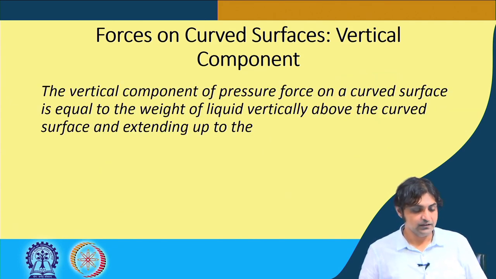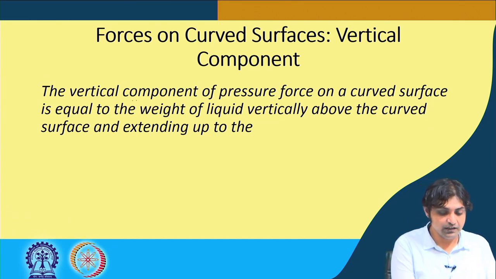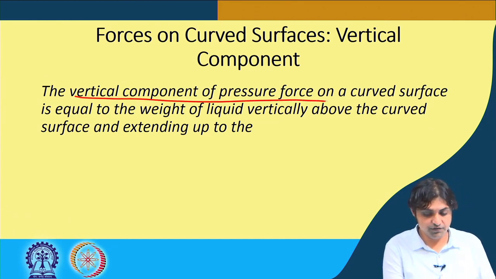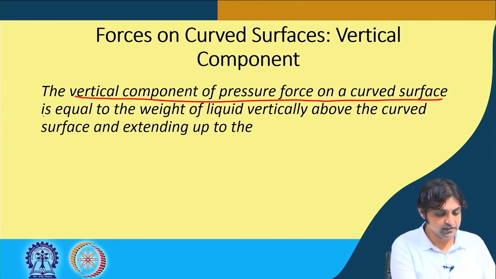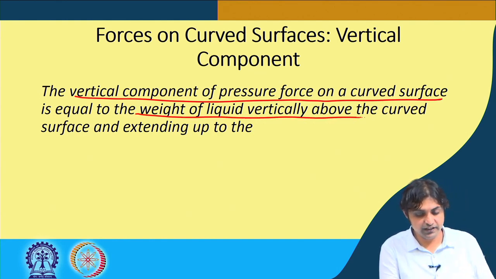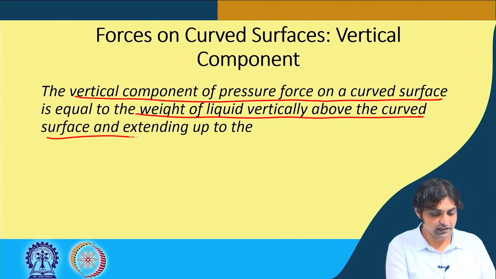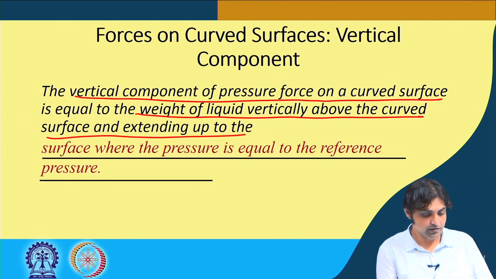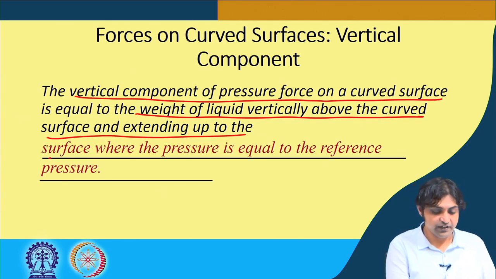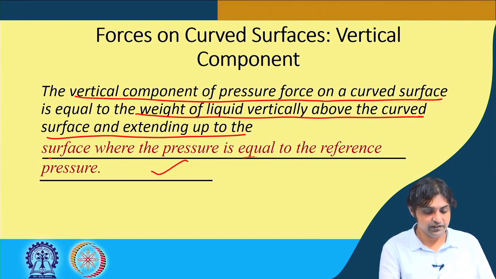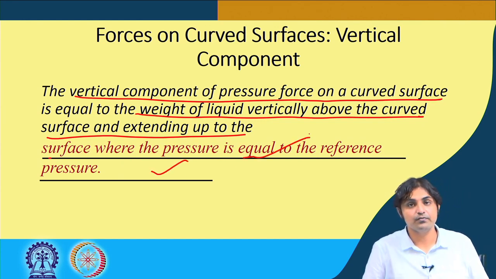Okay, so to sum up, the vertical component of the pressure force on a curved surface is equal to the weight of the liquid vertically above the curved surface and extending up to the surface where the pressure is equal to the reference pressure. This is the thumb rule.